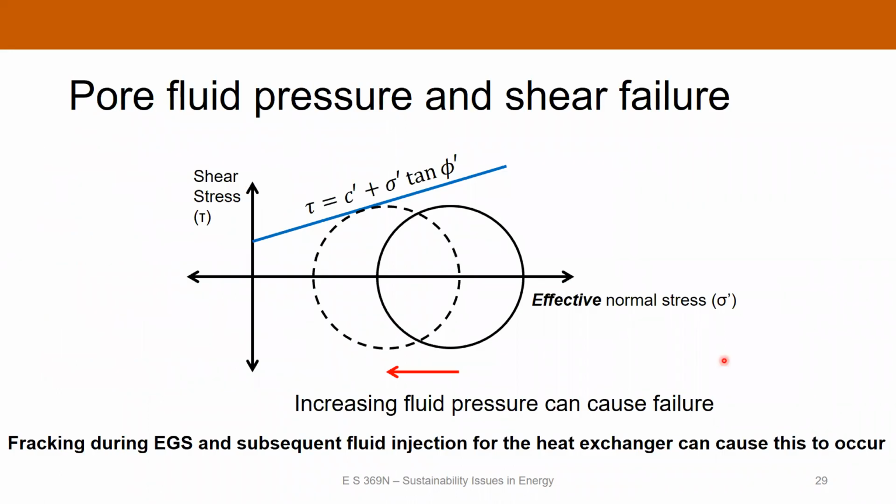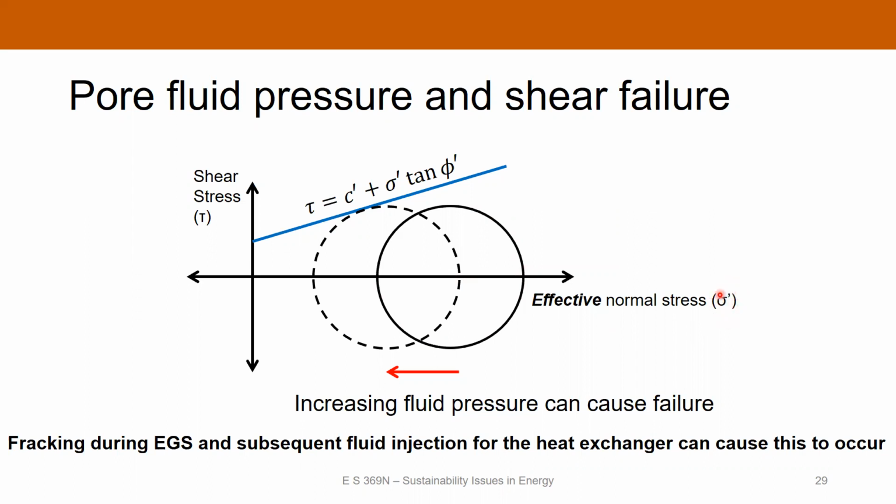So here's why pumping high pressure fluids down the well can cause shear failure. Here's our Mohr-Coulomb diagram. Here we're plotting effective normal stress on the x-axis and shear stress on the y-axis. If we're initially here, stable, no failure, there's our Mohr circle, and I increase the pore pressure, what's going to happen is that the Mohr circle is going to move to the left, because remember, we're subtracting the pore pressure from the total stress.